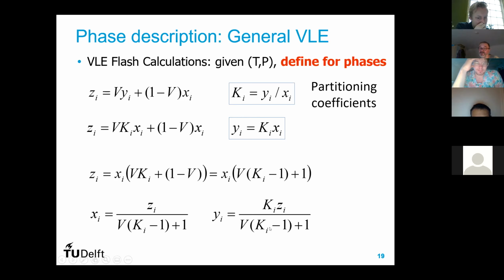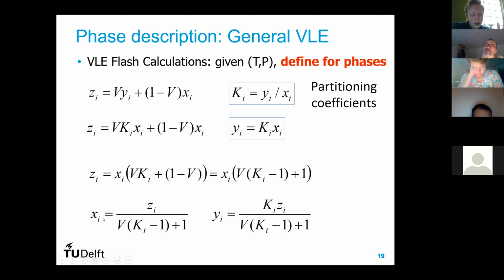So the advantage of this reshuffling is that my K and Z are input. That means if I know V, I will know X and Y, because K is known, Z is my input, and this is what I want to compute, the split. The only unknown here is V. V is the fraction of vapor.